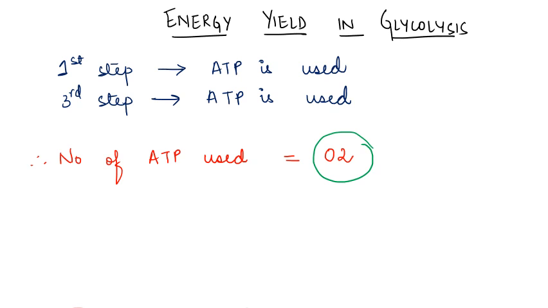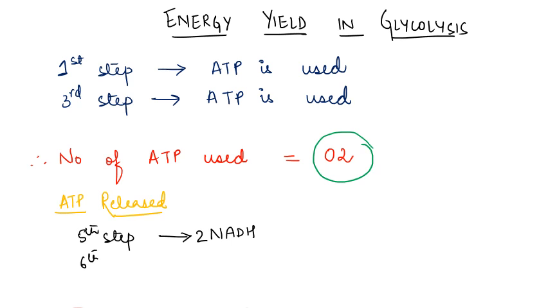Now we will see the ATP released. How is ATP released? If you noticed, in the fifth step there is a release of NADH. How many molecules of NADH? 2 molecules of NADH, right?